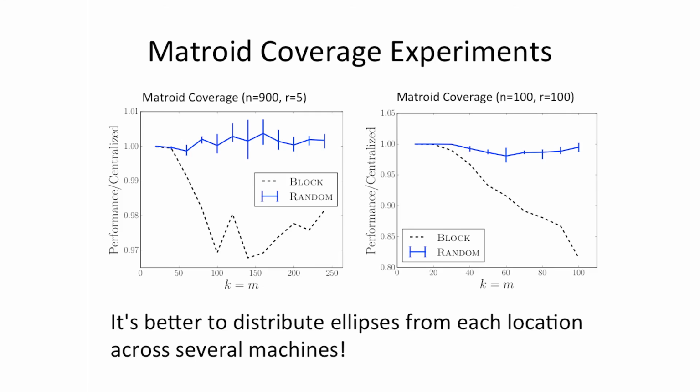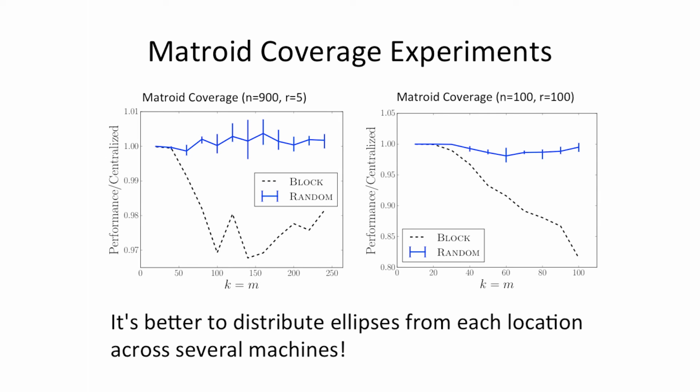But there are some settings where we can actually get a significant or noticeable benefit from the randomized partitioning. And it was this multi-mode sensor coverage problem that I mentioned. So if you have this kind of instances that I mentioned where we want to pick modes for each of the sensors, the input now is the collection of ellipses.